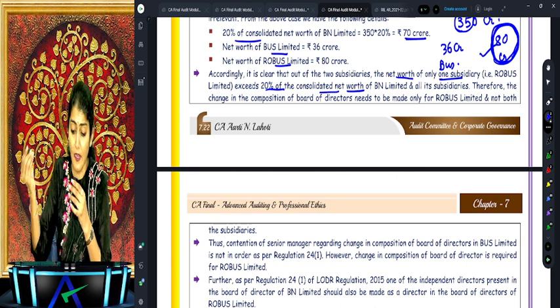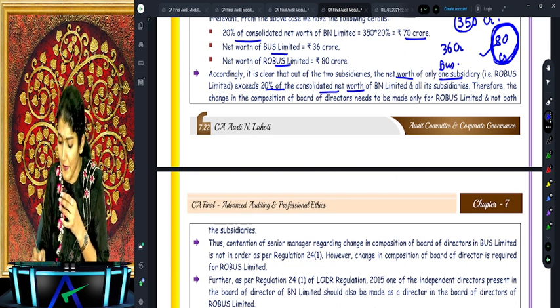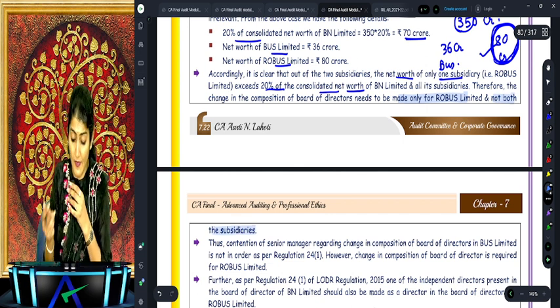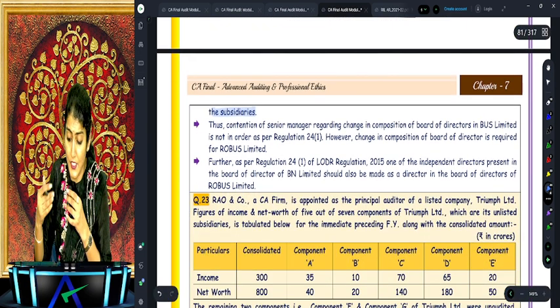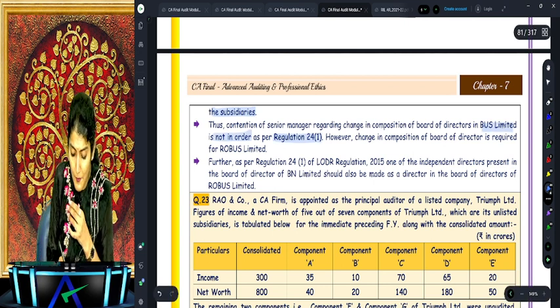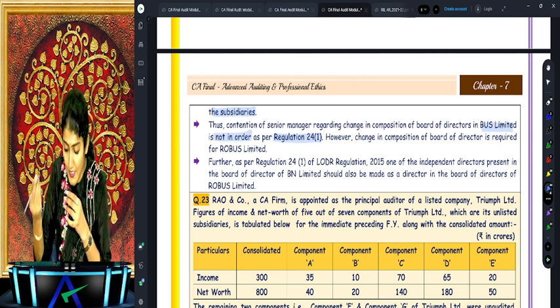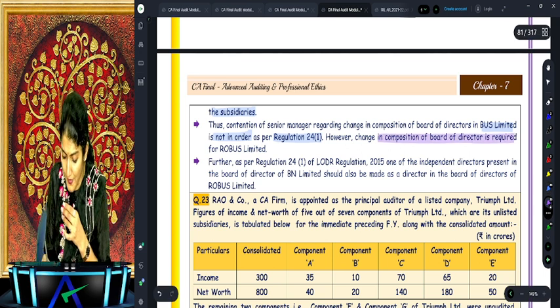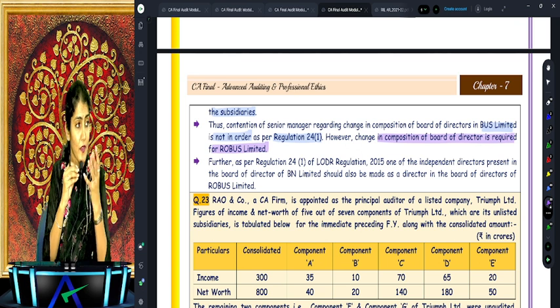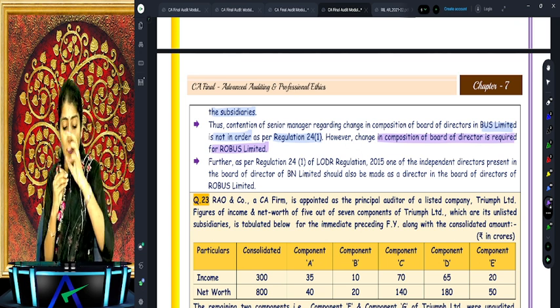Therefore, the change in the composition of the board needs to be made only by Robust Limited and not for both the subsidiaries. Thus, the contention of the manager, that change in composition of the board is required in Bus Limited, is not in order as per regulation 24. However, change in the composition of the board is required for Robust Limited.